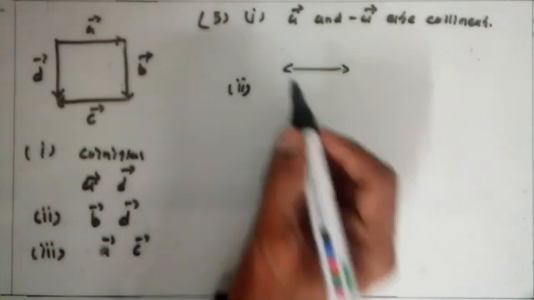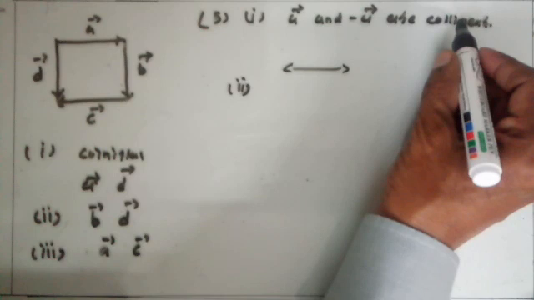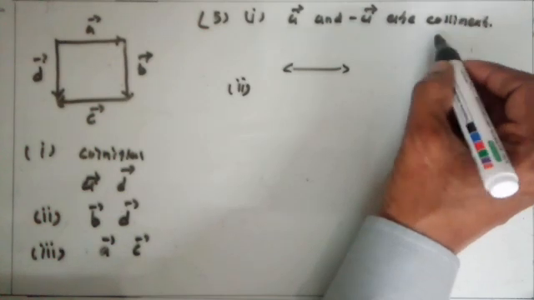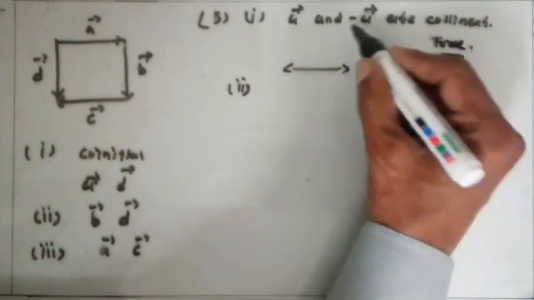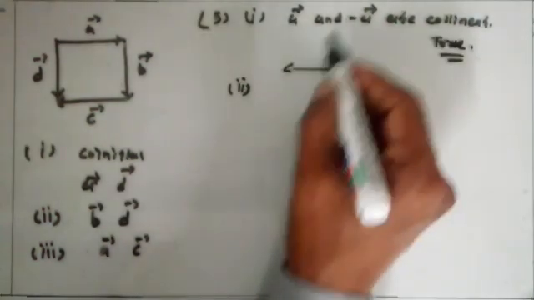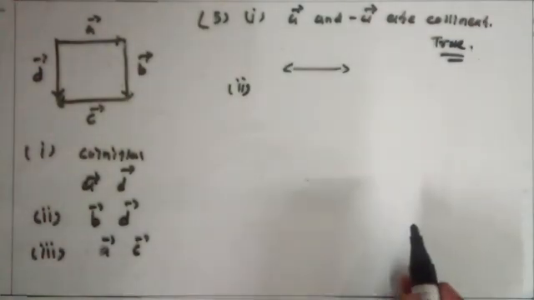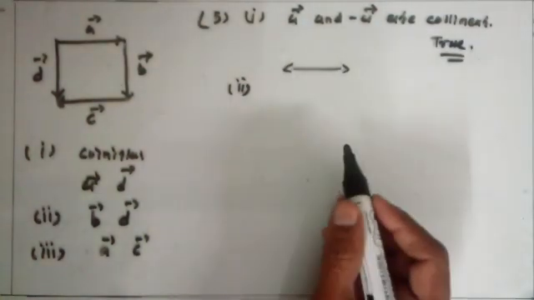Next, two collinear vectors are always equal in magnitude. Here the first statement is true, because both have opposite direction and both are parallel to the same line. So by our definition of collinearity, both vectors are collinear.